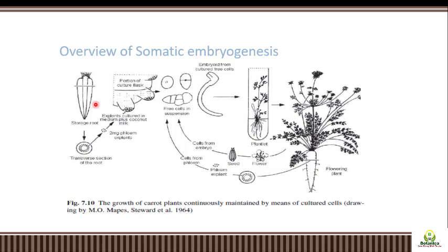We are going to discuss those exceptions and protocols, but here we have given a brief overview of somatic embryogenesis. As far as these lines are concerned, these are coming again from the plant which is formed by the process of tissue culture or somatic embryogenesis.